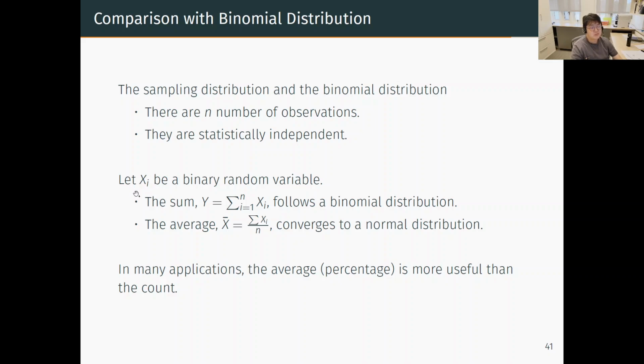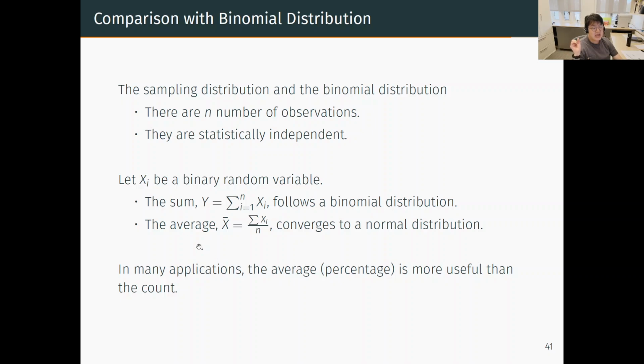So if you think about a binary random variable xi, and you think about the sum, that is the binomial distribution. But if you think about the average, then it converges to a normal distribution by the central limit theorem, right? So they are pretty much related, but it depends on what you are looking at.